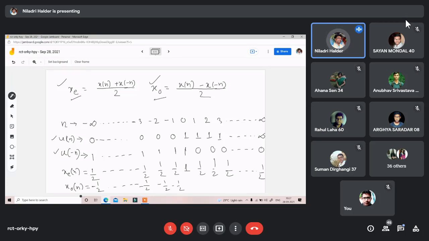For the 0th position, 0. And from 1 to plus infinity, all are plus half. Yes. So this is the odd part and even part of a step sequence. In that way you can calculate.